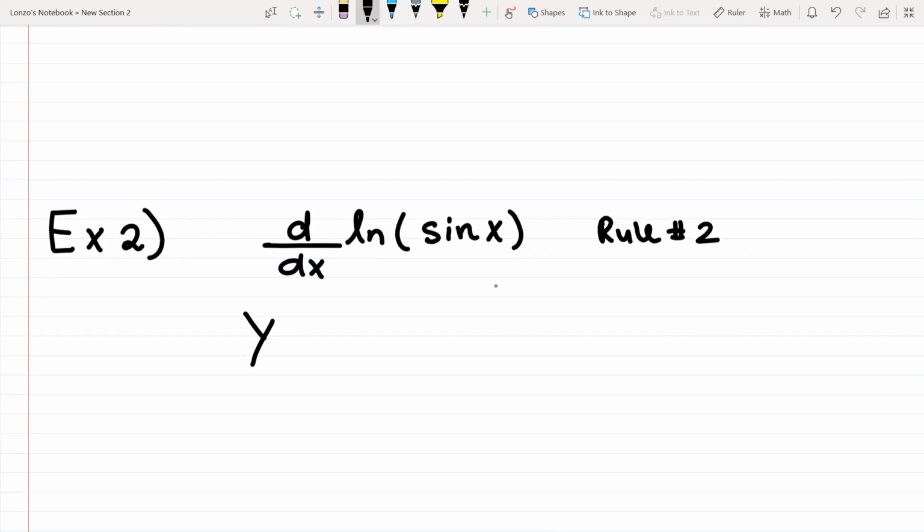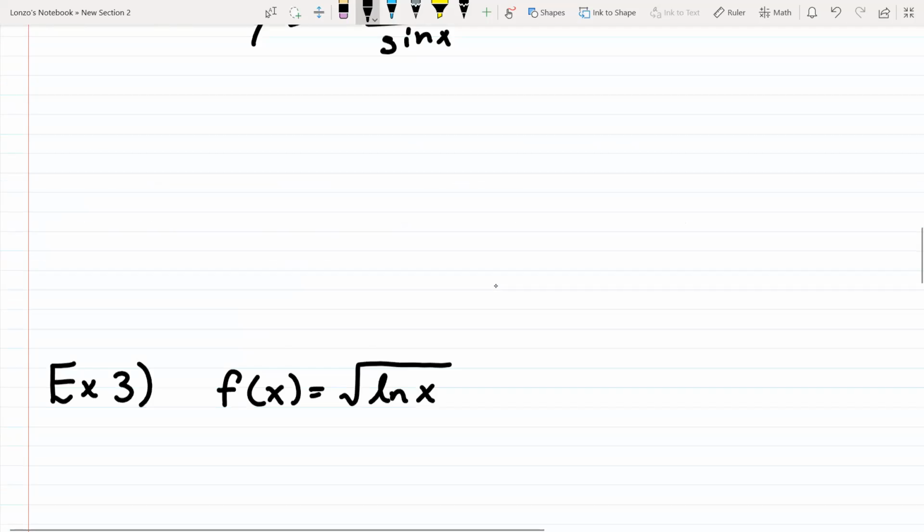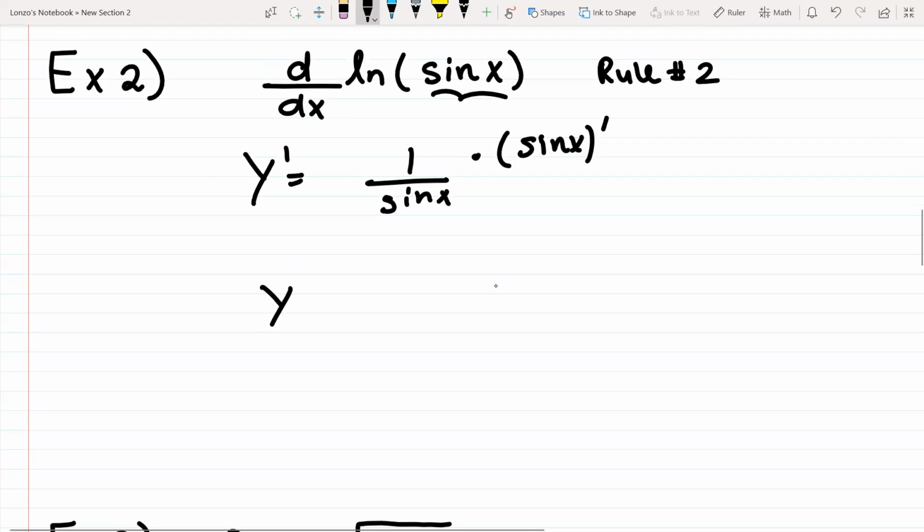So you could say y prime equals 1 over this thing, 1 over sine of x, times the derivative of inside the parentheses, so the derivative of sine of x. The derivative of sine of x is positive cosine of x, and the sine x is just in the denominator.